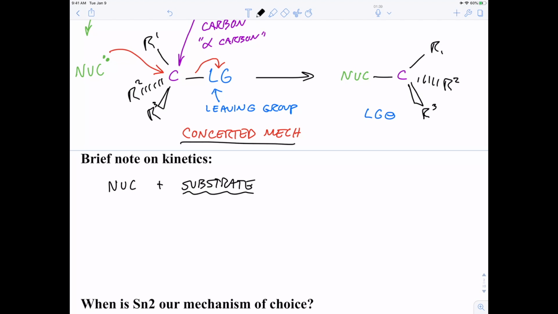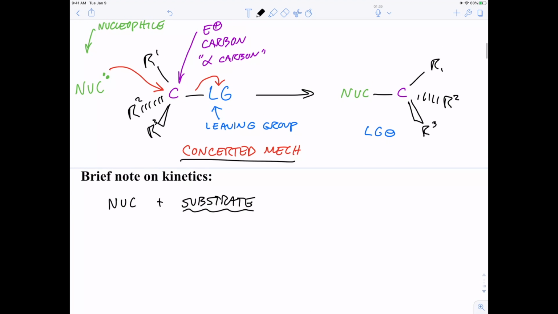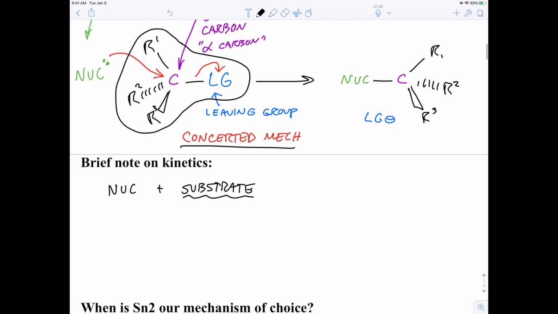I like to call it the substrate, referring to the whole thing up here, including the leaving group. So the nucleophile and substrate have to both be present at the same time in order for this reaction to happen. So both of their concentrations matter in how fast the rate can go.